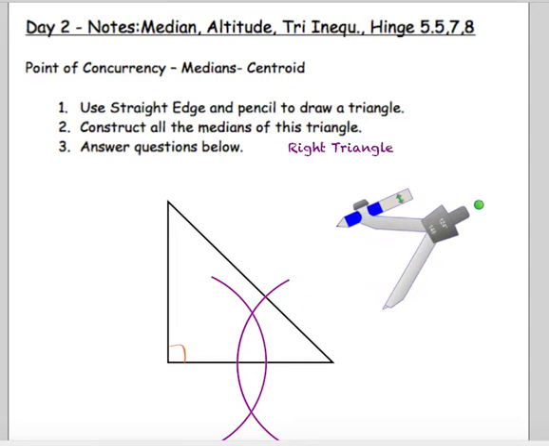So we have the arc for a perpendicular bisector, and I'm going to do the perpendicular bisector in a light color, connecting those intersections of our arc.